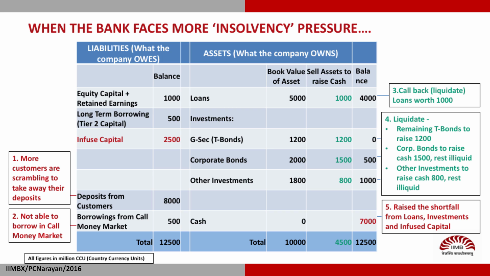Now remember, the depositors are clamoring for 7,000 currency units. By liquidating its assets, it has raised 4,500 currency units. So it still has a shortfall of 2,500 currency units, which it must somehow source to be able to repay the scrambling depositors.